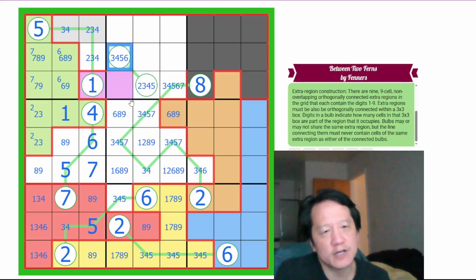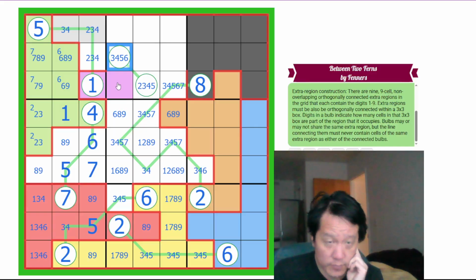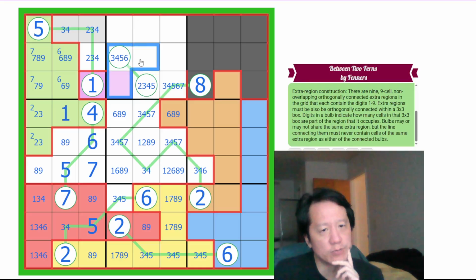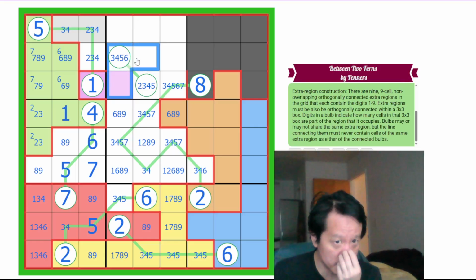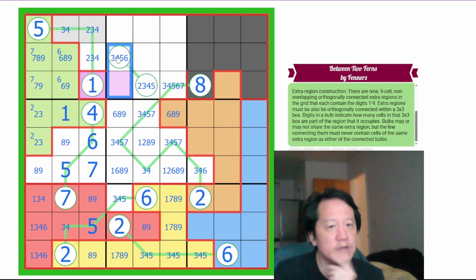Can this ever actually be 3? If this were 3, it would be part of the pink region. Actually, if it's 3, 4, 5, it's part of the pink region. And if it's part of the pink region... Okay, it can't be part of any other region besides pink or light, right?